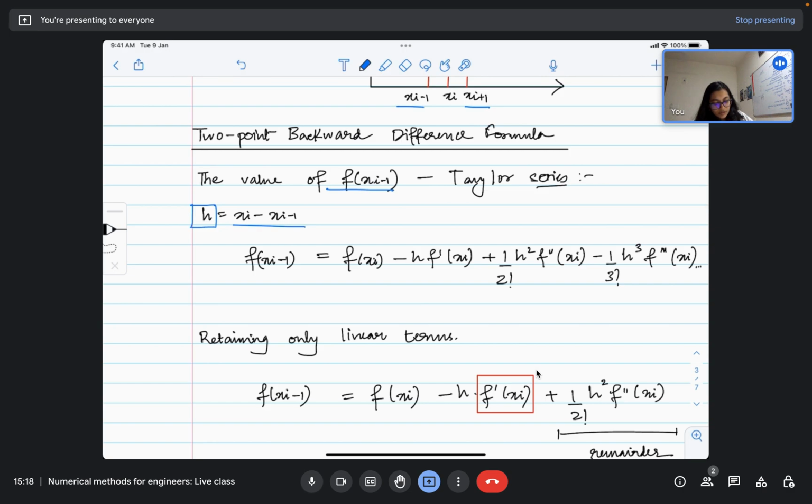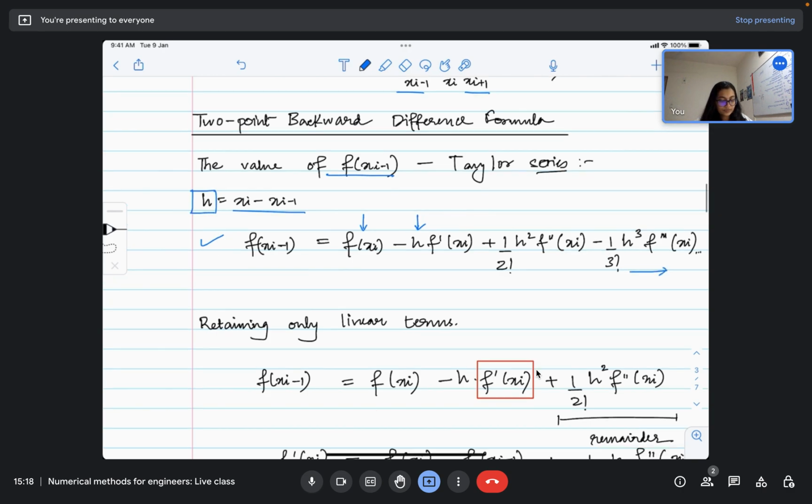So how do we compute the value of the function f of xi minus 1 with the help of Taylor series expansion? For f of xi minus 1, it is going to be f of xi minus the difference h times f dash of xi plus 1 by 2 factorial h square times f double dash of xi minus, and the pattern repeats, okay, for higher order terms.